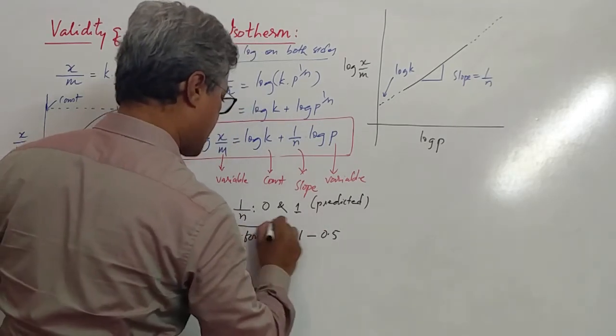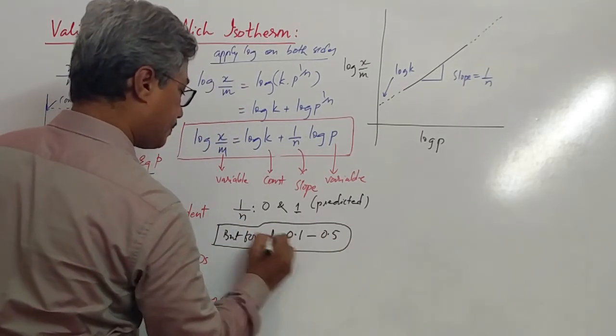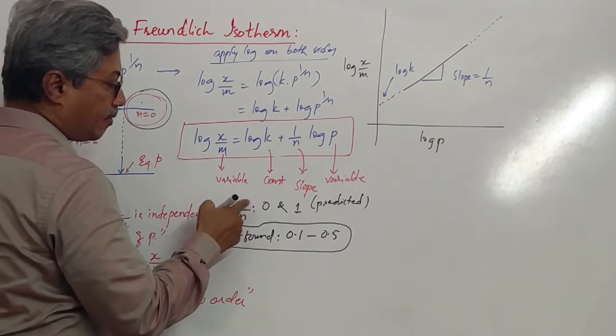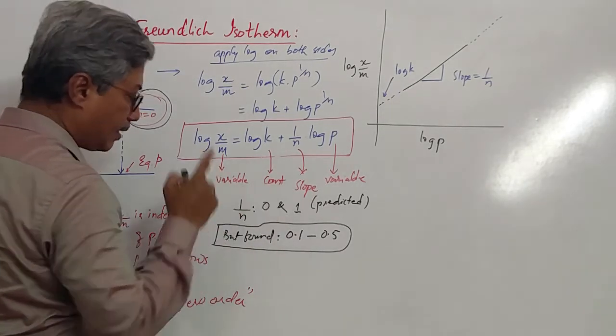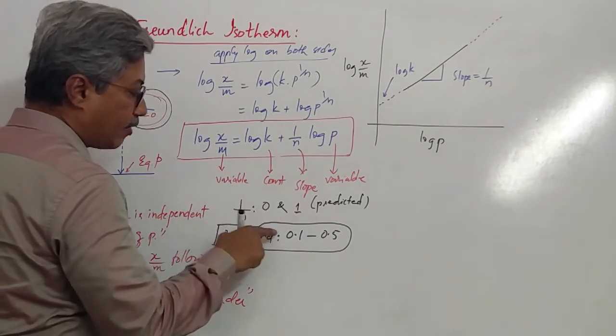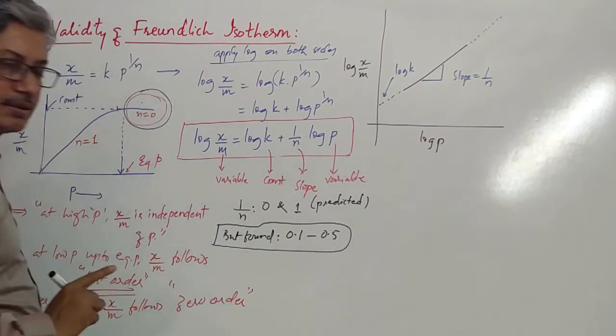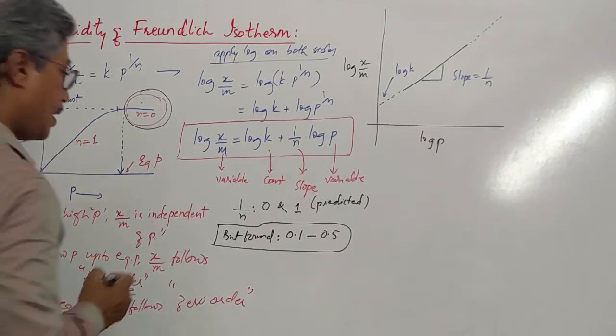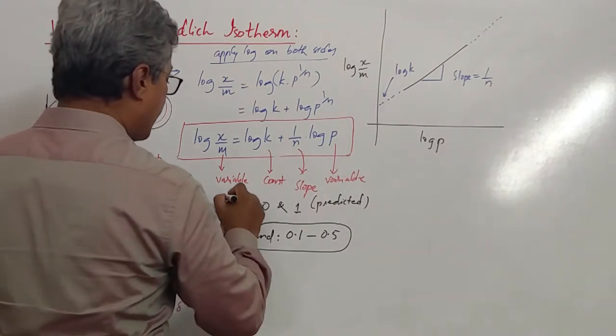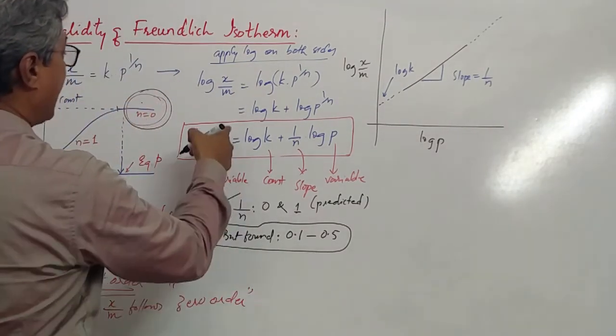This you remember, students. Its value can be between 0 and 1, but the 1 by n value found is between 0.1 and 0.5. Okay. Now we'll use these values and verify this equation.